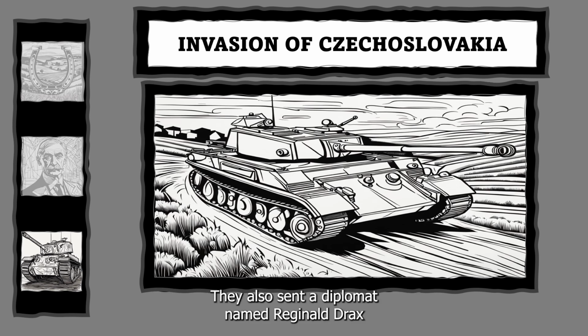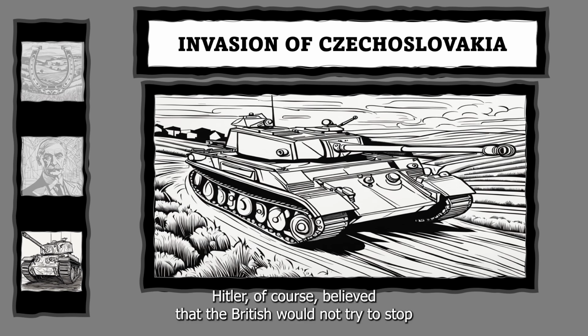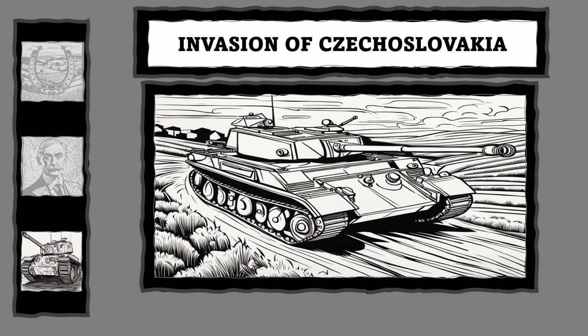They also sent a diplomat, named Reginald Drax, to the Soviet Union to negotiate an alliance with Stalin. However, it was all too little too late, as by this point Hitler had set his sights on Poland. Hitler of course believed that the British would not try to stop the invasion. He assumed the policy of appeasement would continue, but this time he thought wrong.